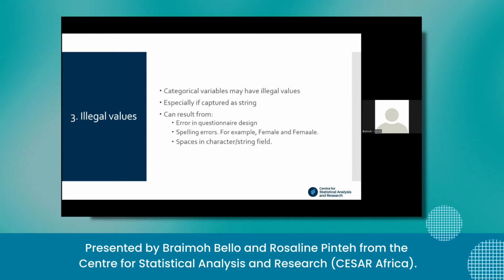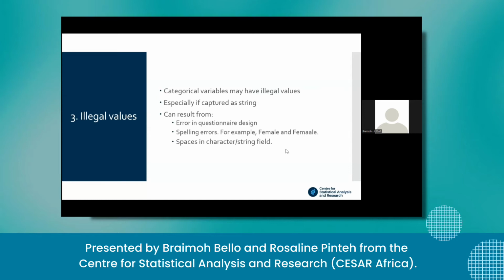They would say any value or category that shouldn't be in a variable is called illegal category or illegal values. It's not a term that's used by many people. You can call it wrong categories, but I have since then called it illegal values.